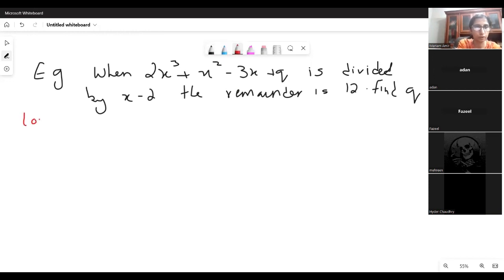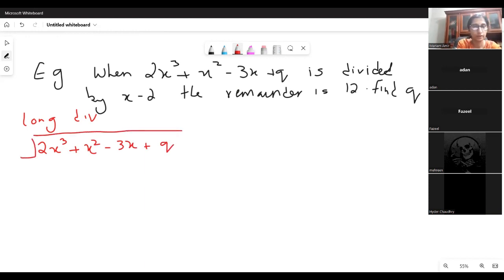तो अगर हम long division से कर रहे हैं, so then we write 2x cube plus x square minus 3x plus q, and this is divided by x minus 2.